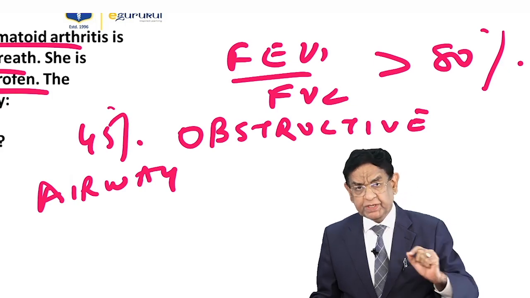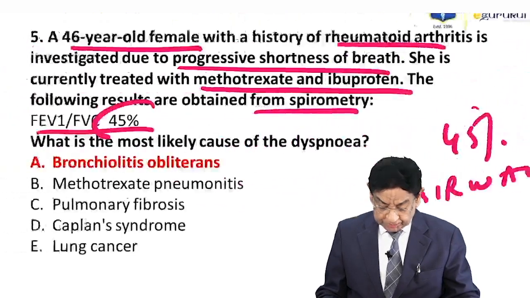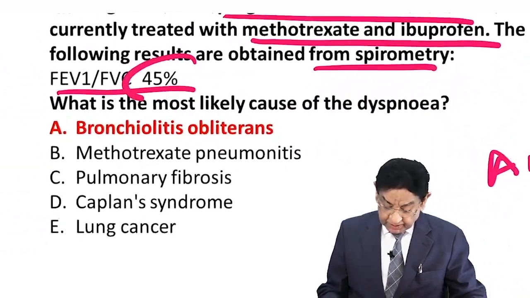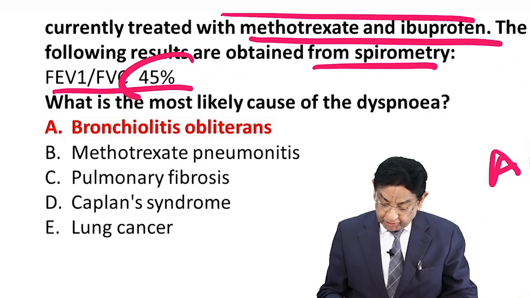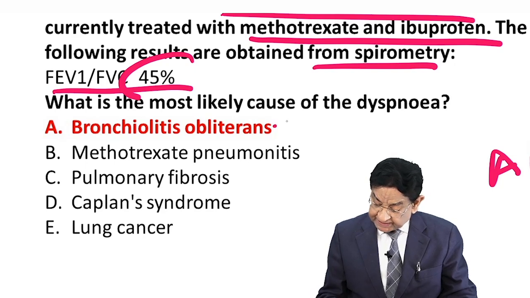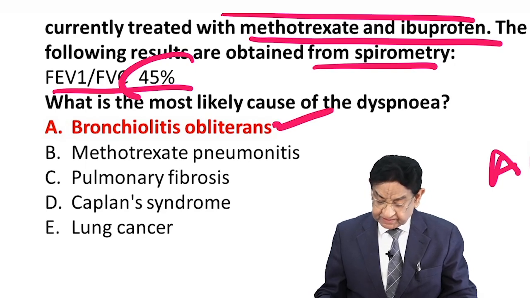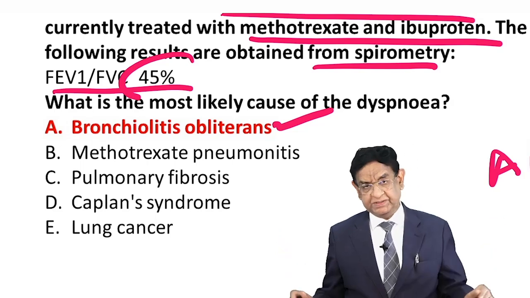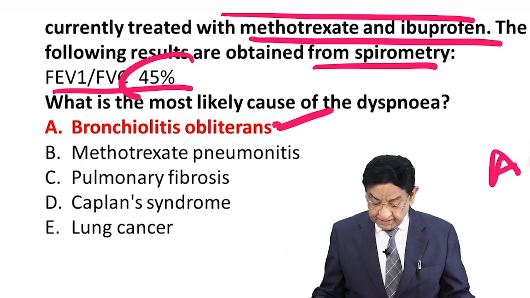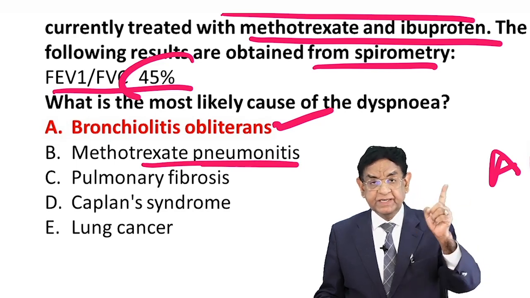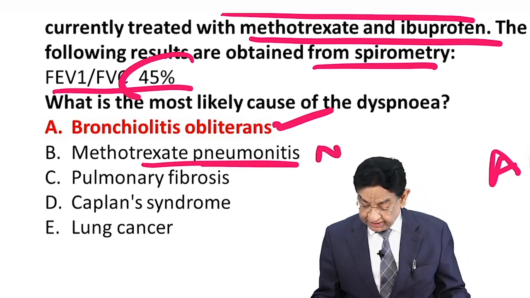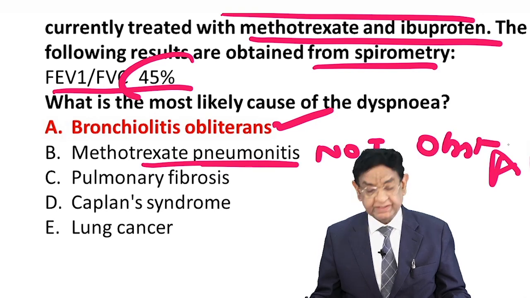So let's look into the options they have. Bronchiolitis obliterans, yes, it is an obstructive airway disease. We are convinced this is the answer. Methotrexate pneumonitis is not an obstructive airway disease.